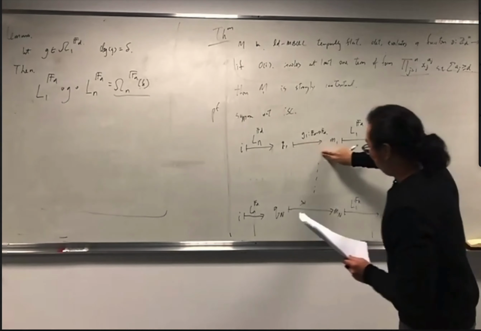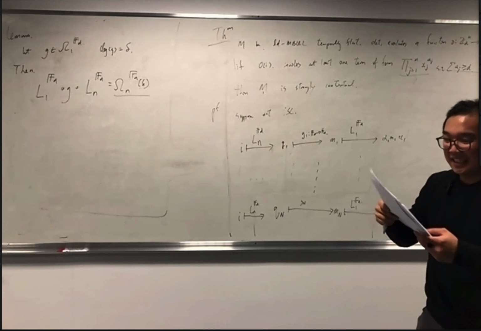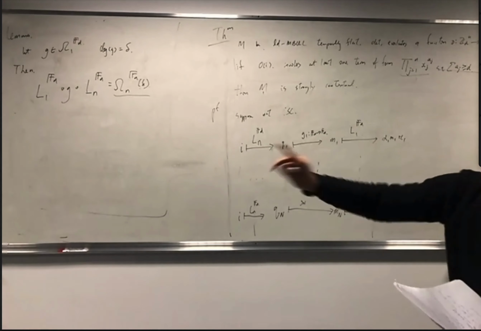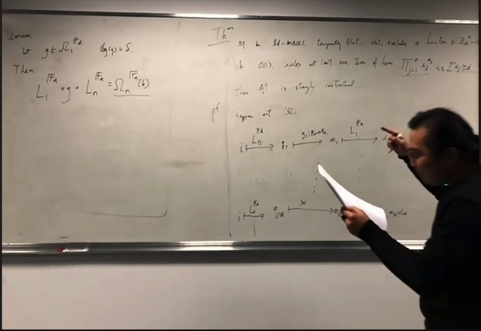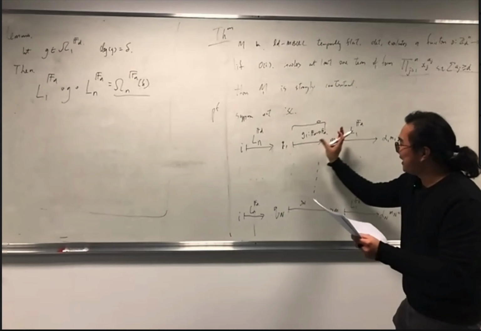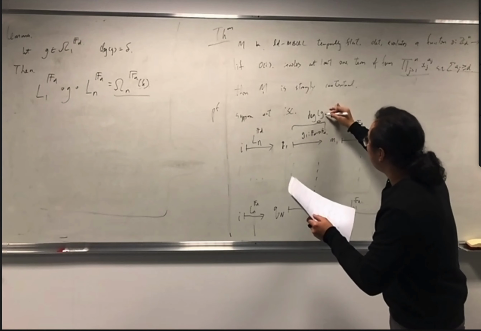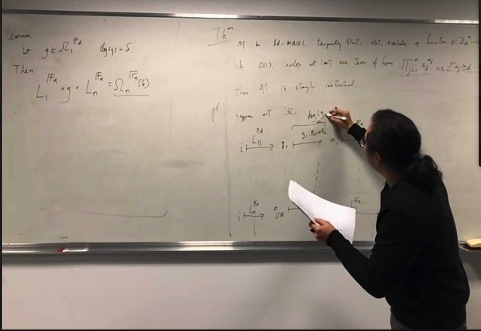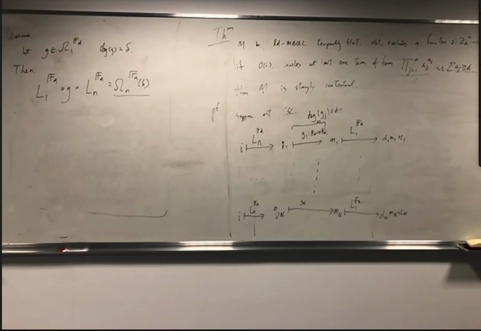Now, it's a function from Fd to Fd. By that theorem, we know that the degree needs to be less than d. Let's first consider this part. By the theorem, we know that the degree of some G will be less than or equal to d minus 1, right? Yes, d minus 1.